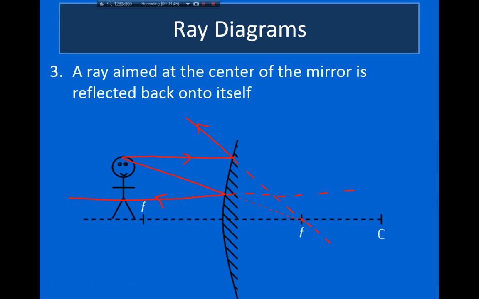And the last one's basically the same as the last ray for the concave mirror. Any ray that is directed towards the center of this mirror will be reflected right back on itself. So if I try to draw a ray that passes through the center of this mirror, again, I'm going to use a ruler to do the best I can. So this ray right here is just going to be reflected right back on itself.